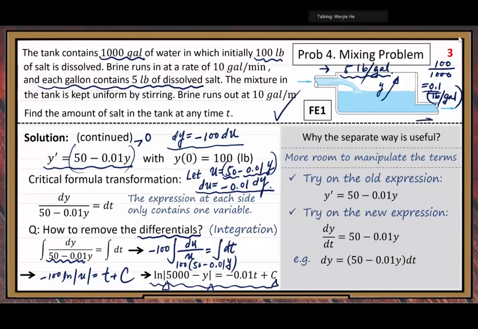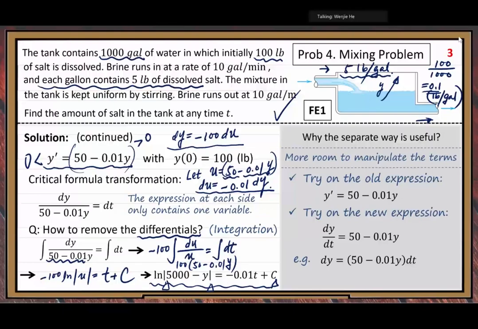For the outflow, after you mixed the denser part, less denser part, you mix them. The outflow density also should be smaller than the inflow density, right? So based on that analysis, you can see the y prime should be positive. The amount of salt inside tank should be higher and higher, right? So y prime should be positive.